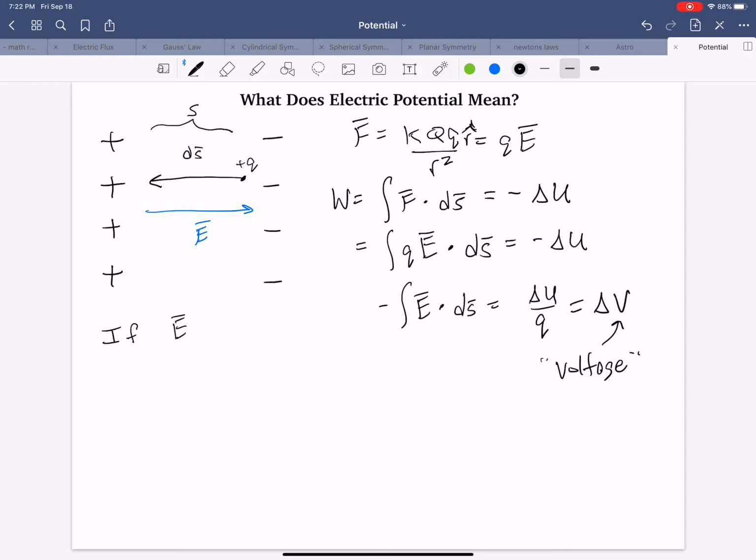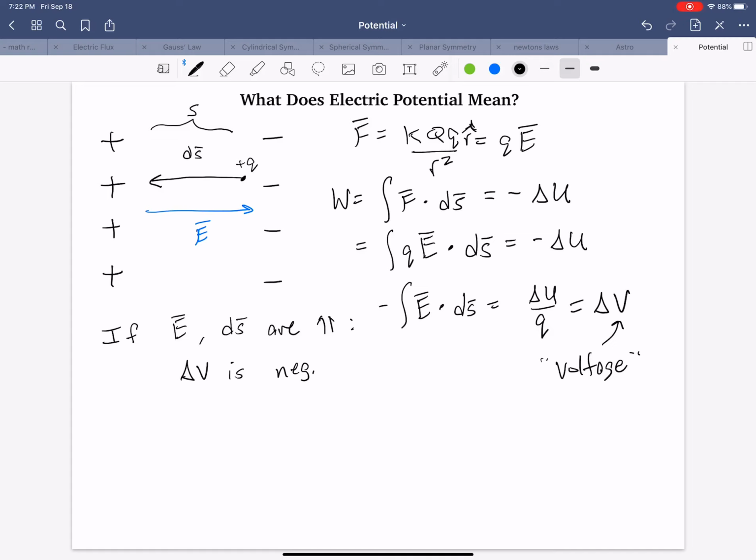Okay, so in summary, real quick, if E and displacement, which I'll write as ds, are in the same direction, or let's say are parallel, then delta U is negative. Let's write it like this.